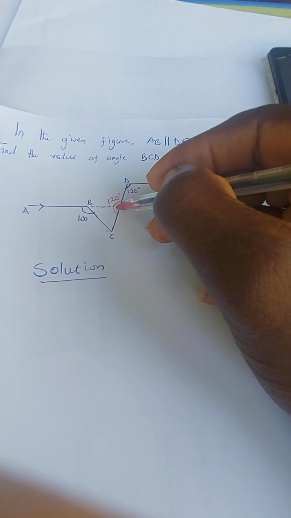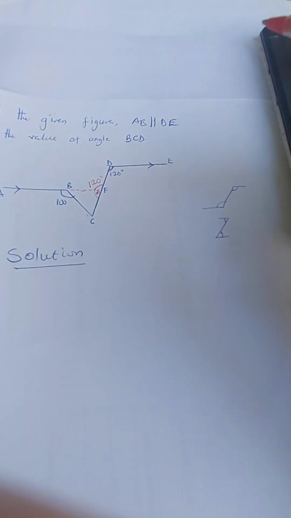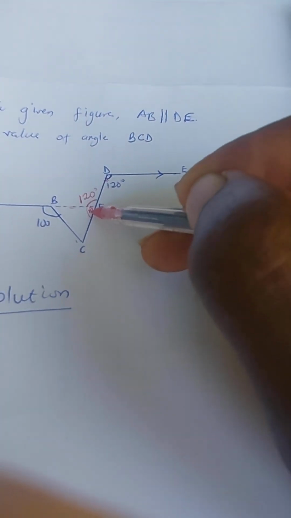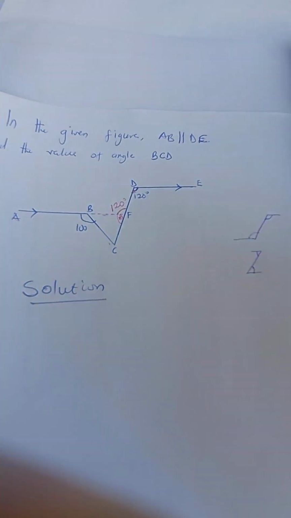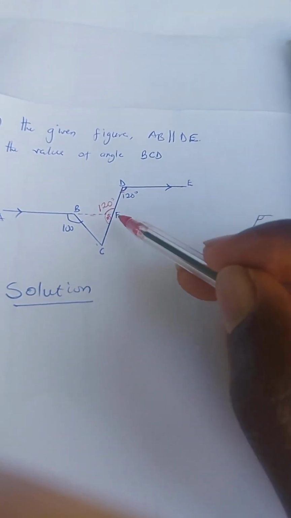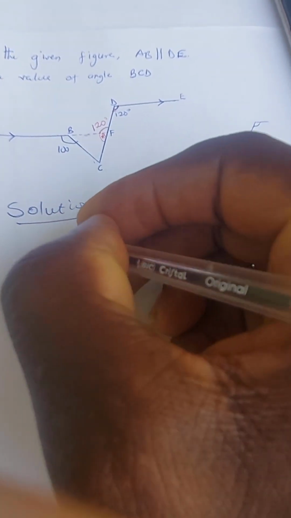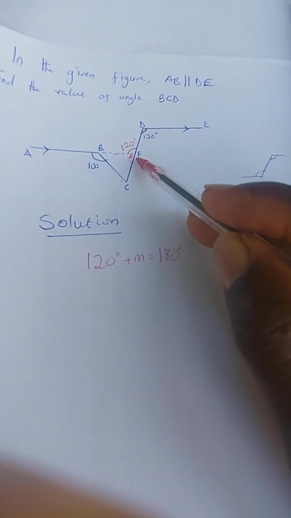So let's call the angle here M, so that 120 plus M will be formed on the straight line. 120 degrees plus M is equal to 180 degrees because they are angles formed on the straight line.